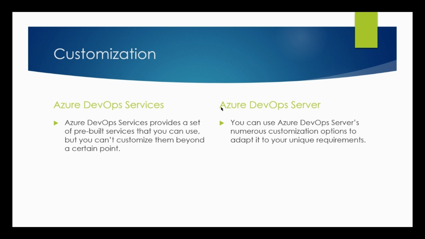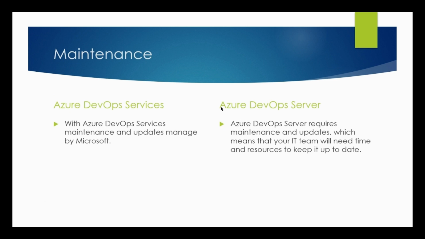Whereas in Azure DevOps Server, you can use numerous customization options to adapt it to your unique requirements. With Azure DevOps Services, maintenance and updates are managed by Microsoft, whereas Azure DevOps Server requires maintenance and updates, which means your team will need time and resources to keep it up to date.